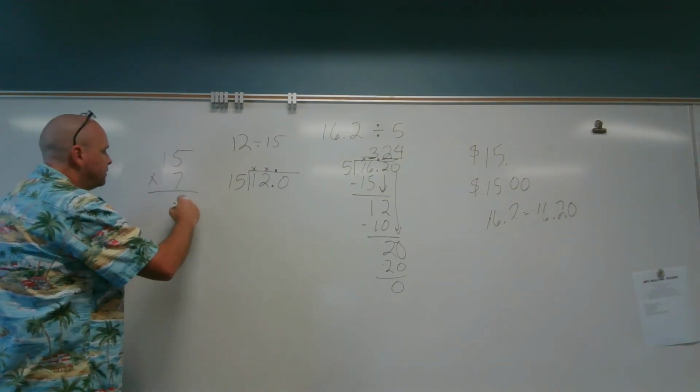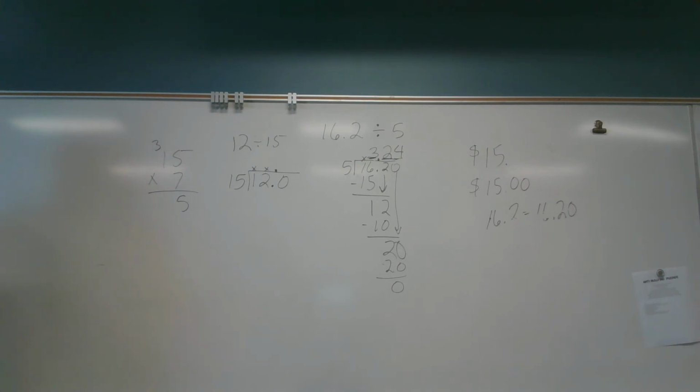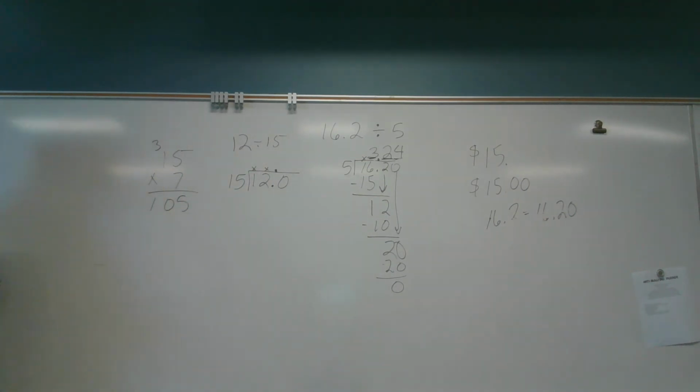Excellent. 5, 3. Mariah, what's 7 times 1? 7. Add 3, you get 10. Okay? So is 105, do you think that's as close to 120 as we can get?